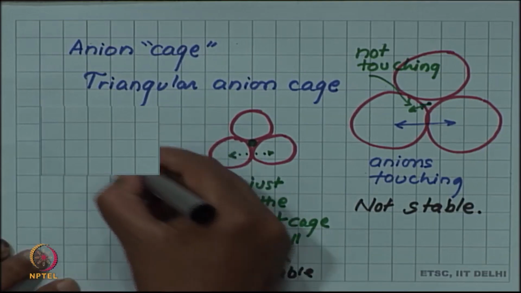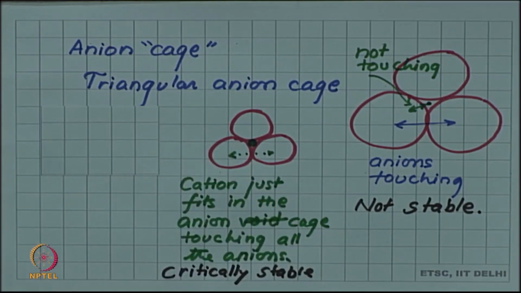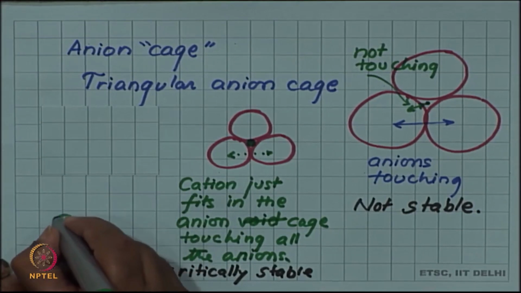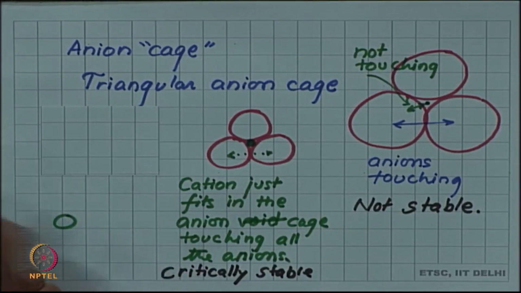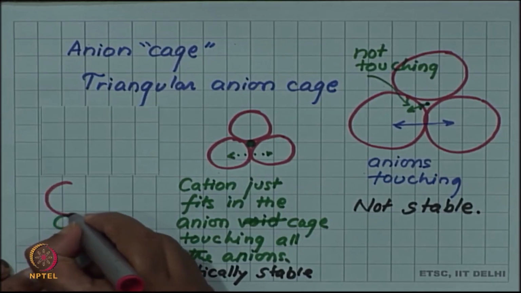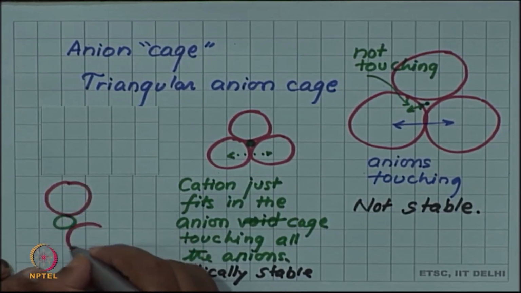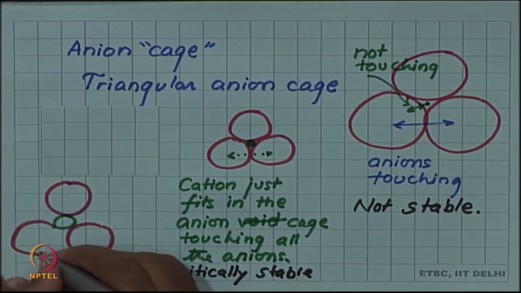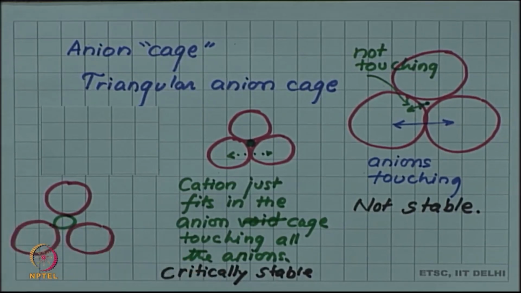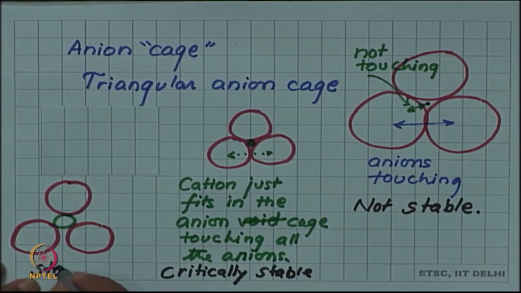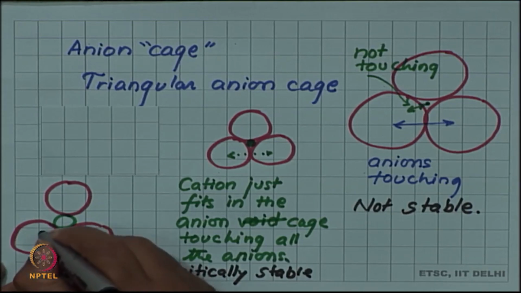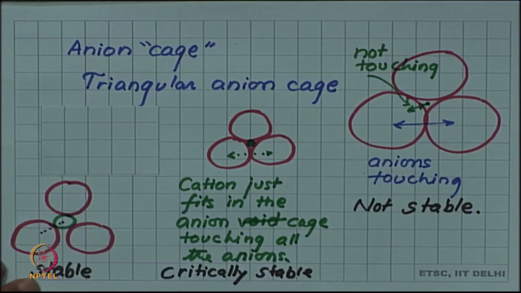And now, in the third case, let me try to make a comparatively large cation which forces the anions out of contact. This is very good news, this is stable, I will call this stable, because now the ions which are attracting are as close as possible because they are touching, and the ions which are repelling have also been separated out.